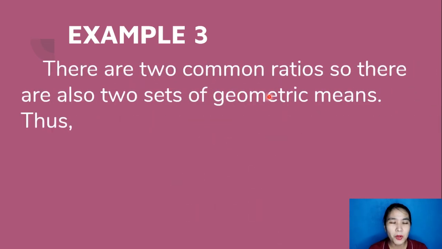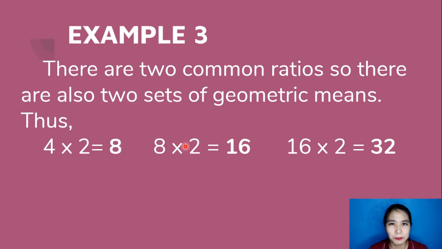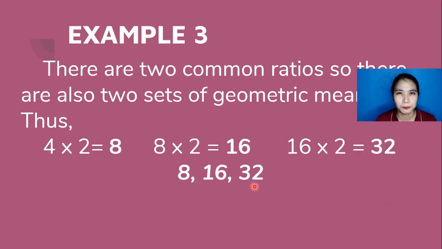Since there are 2 common ratios here, there are also 2 sets of geometric means. So first, if our r is equal to positive 2, 4 times 2 equals 8, 8 times 2 equals 16, and 16 times 2 equals 32. So the geometric means first will be 8, 16, 32.